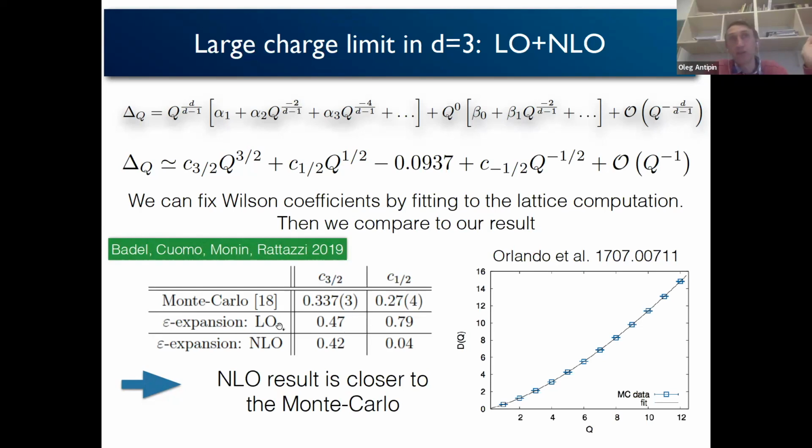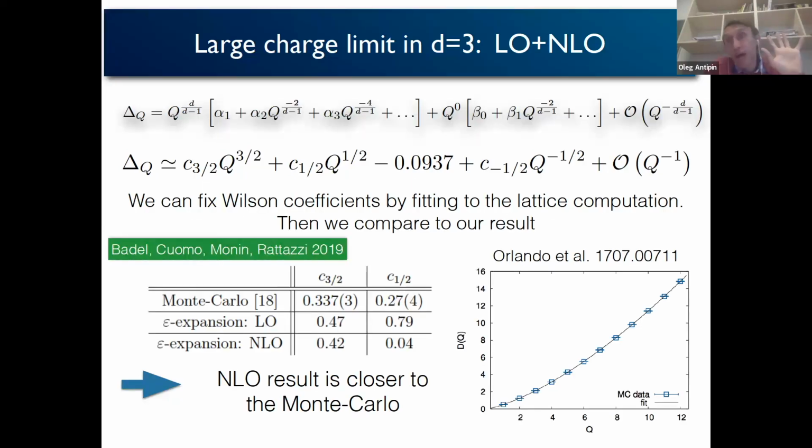And this is the result. You see, lowest order, which means delta -1, delta 0, of course, we're still quite far from the correct result, but as you go to the NLO, we get a bit closer to the right result.